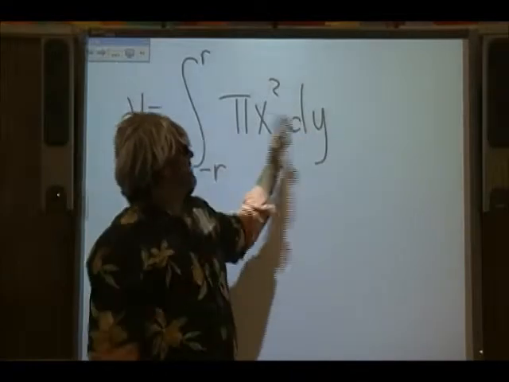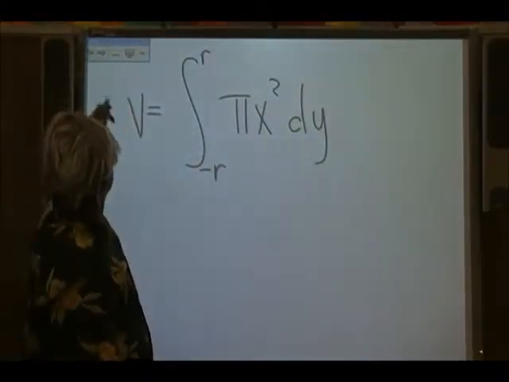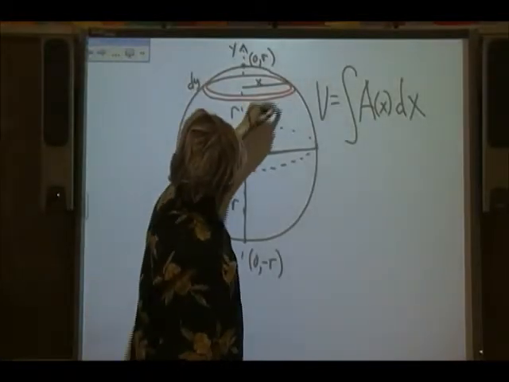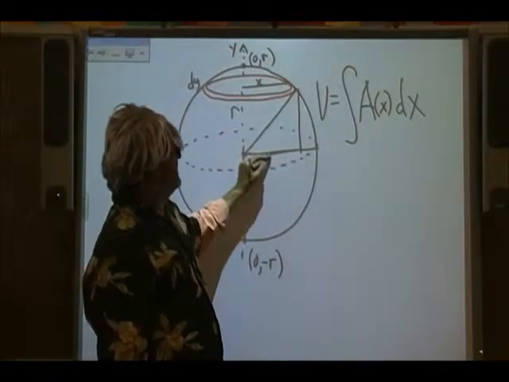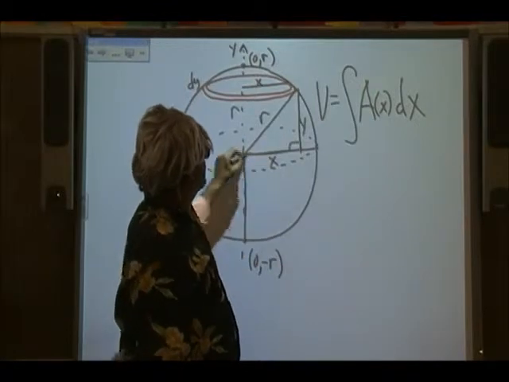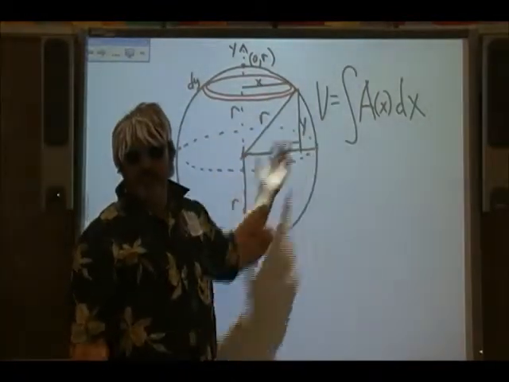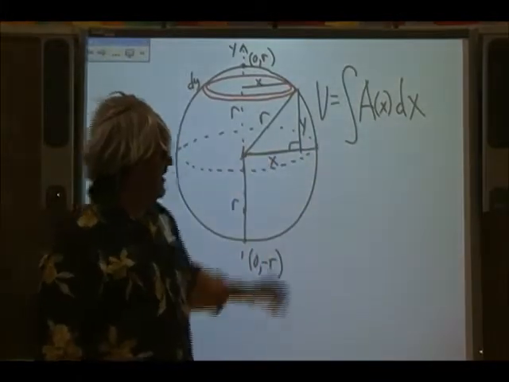Well, this is with respect to y, and I have x. So I want to see how x and y are related to each other. Now, if you look at this from the Cartesian plane, if this is x, and this is y, and this is r, because it's still the radius of the sphere, how are these related? Well, by the Pythagorean theorem, you're going to have x squared plus y squared equals r squared.